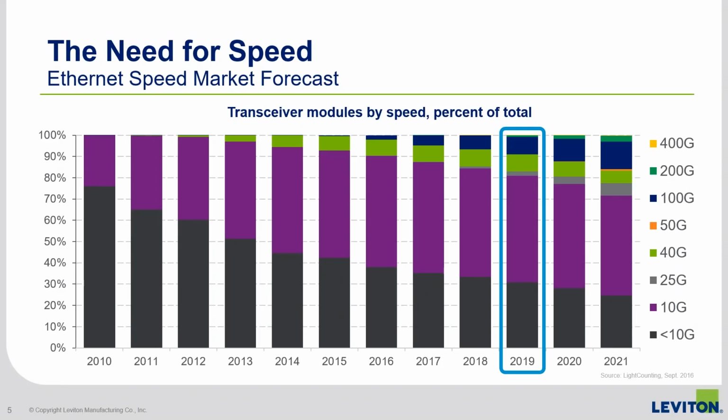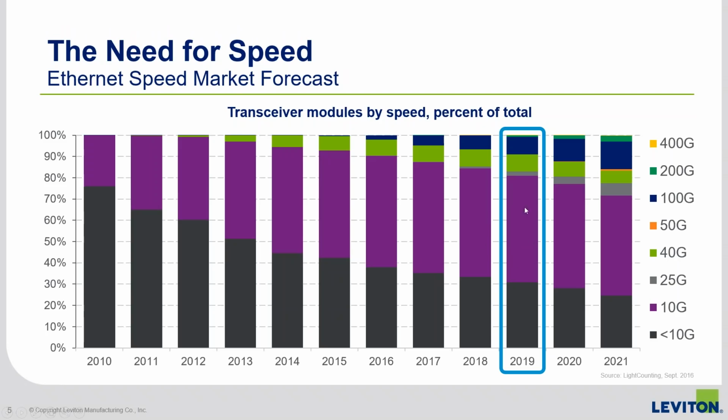Next, looking at Ethernet speeds. This is data from LightCounting, a market research company that tracks transceiver shipments from the transceiver manufacturers, like Finisar, Foxconn, people like that. We track this trend over the years. If you take a look at 2019, one thing I would point out is that there are a lot more speed options than there used to be over the last few years, and there's a shift happening.